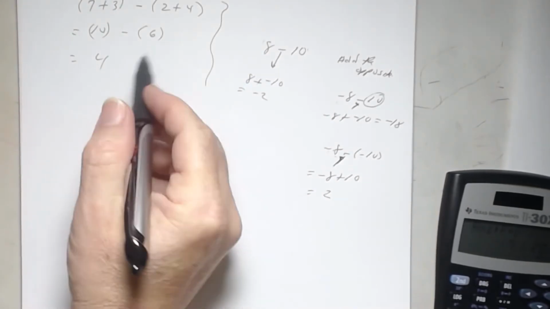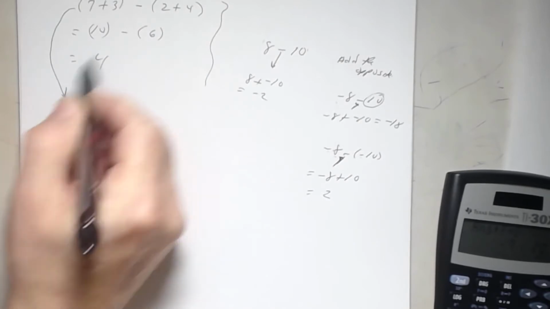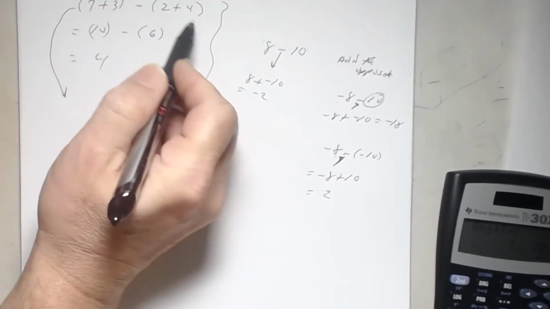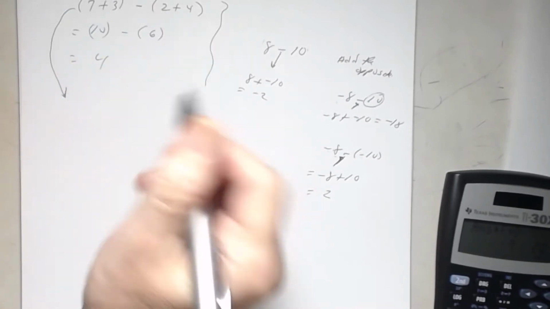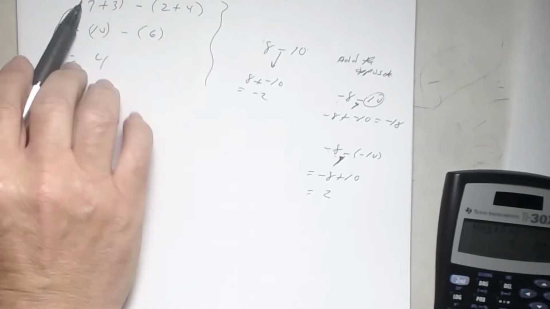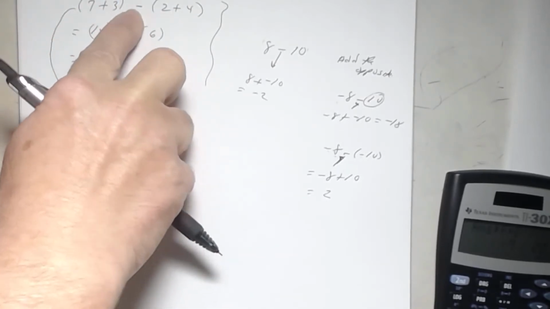So what I'm trying to get at here is this. Do y'all agree? Now remember, if this was addition, when we did the addition here, I just removed the parentheses. But here you're not adding two sets of numbers. You're doing what? Subtracting.